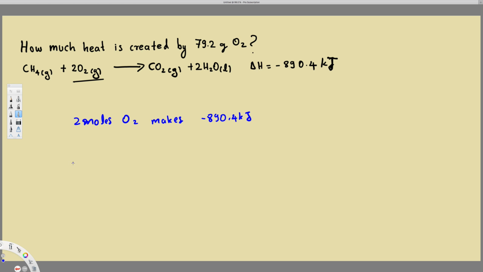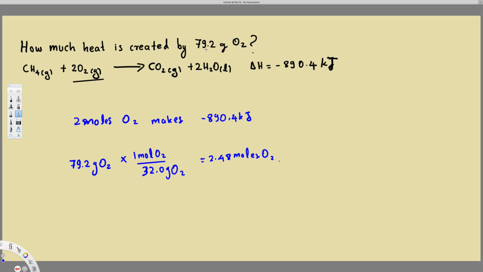O2 moles is going to be 79.2 grams O2 times 1 mole of O2 contains, O is 16 grams, but O2, O times 2, so it's 32.0 grams O2. If you calculate this, that's going to give you 2.48 moles of O2.